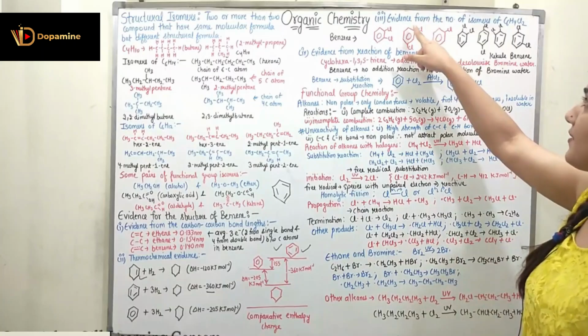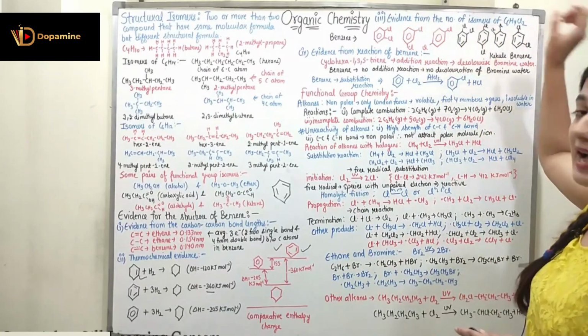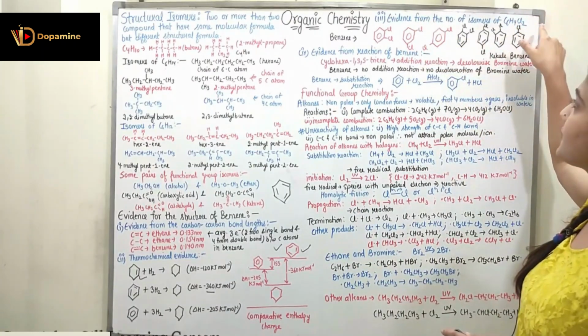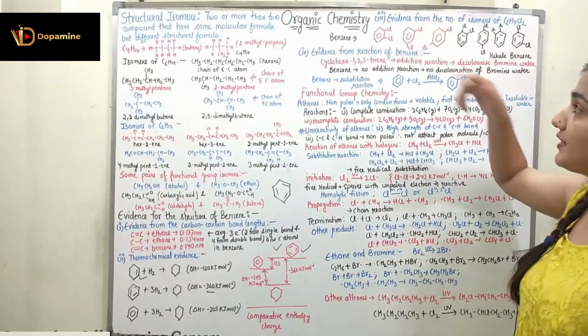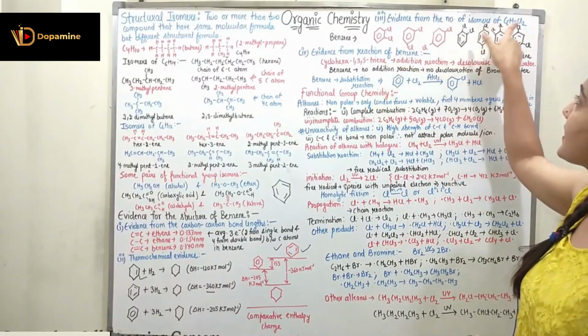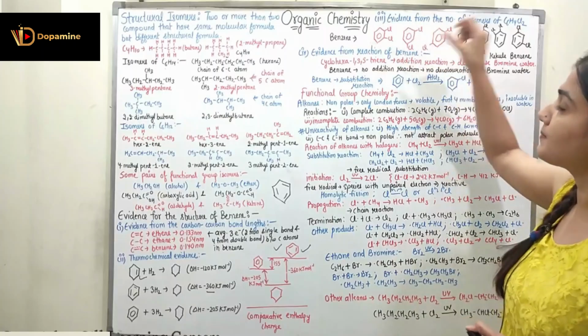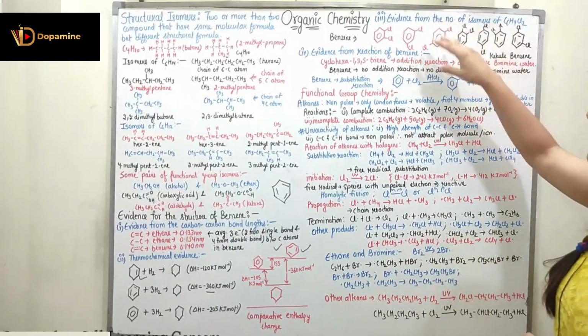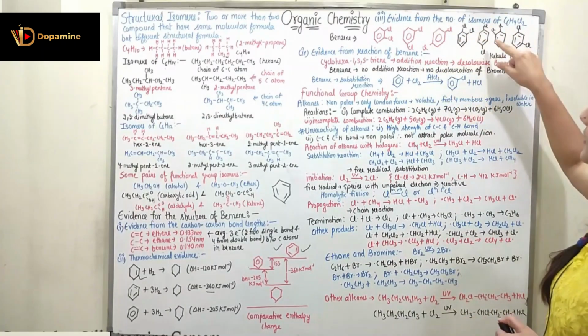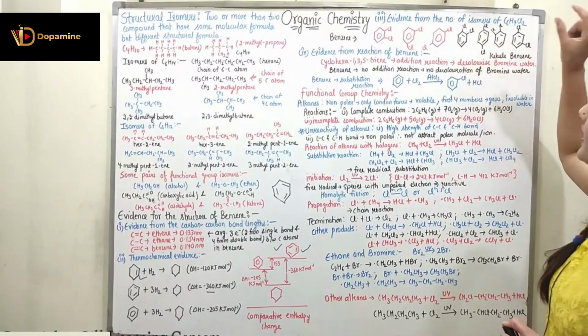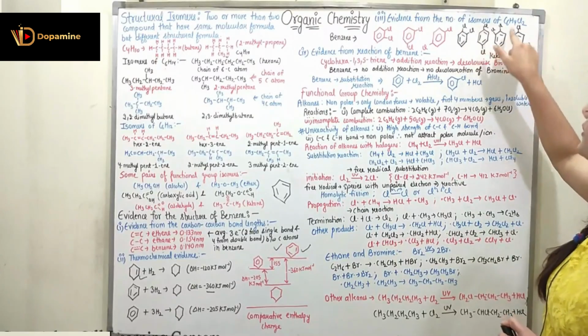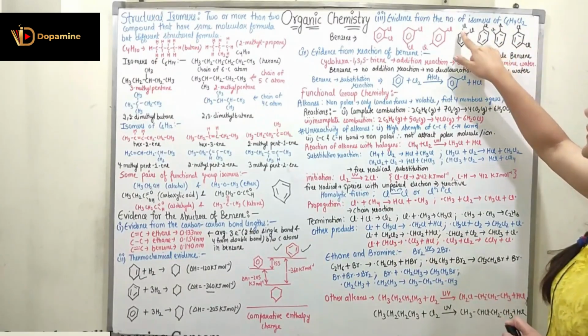Coming to the next evidence, that is evidence from the number of isomers of C6H4Cl2. We had observed that the number of isomers for C6H4Cl2 are 3 only. These are only the 3 isomers. But if I consider the structure cyclohexa-1,3,5-triene, in that structure there are 4 possibilities for C6H4Cl2 based upon the double bonds.